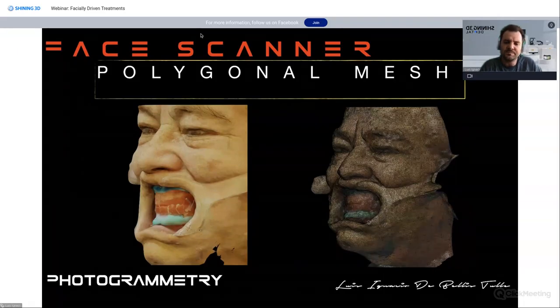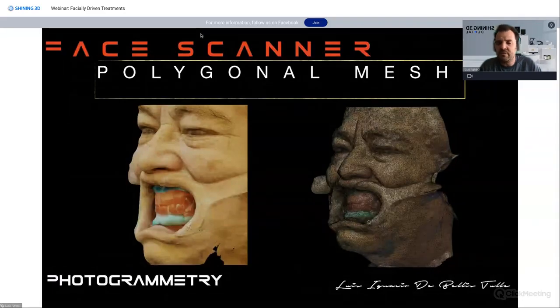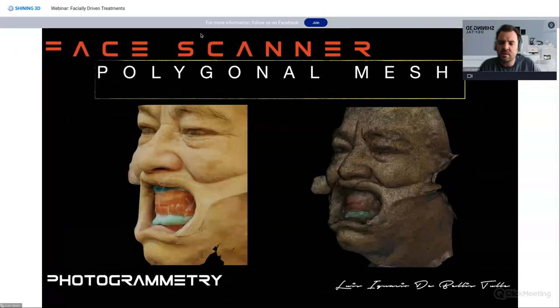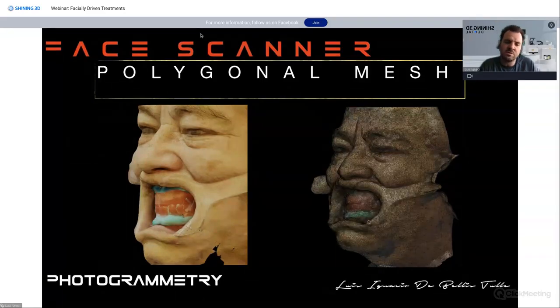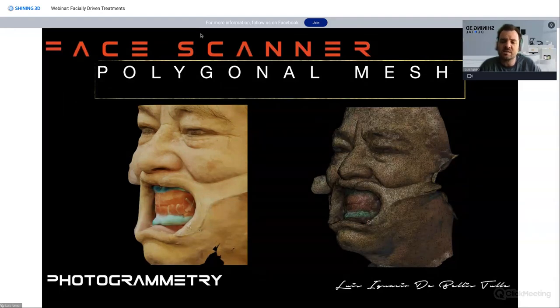And as you can see in the right side picture, where I have shown the polygons of the face of that patient, if you look at the neck, the polygons aren't even as they are in the face. That's due to problems in my protocol while taking pictures. It's also a problem because the lights surrounding me weren't even.